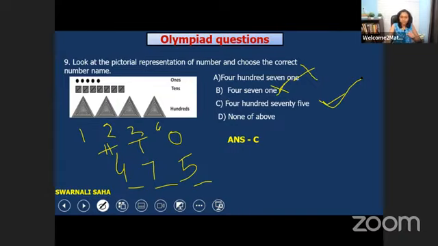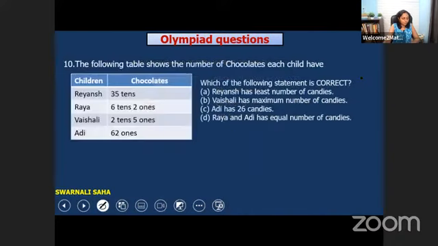Now let's solve one more question. Here you can see this is an interesting question. Try to solve this first. You see, our question is here, there is a table. This table shows the number of chocolates each child has.